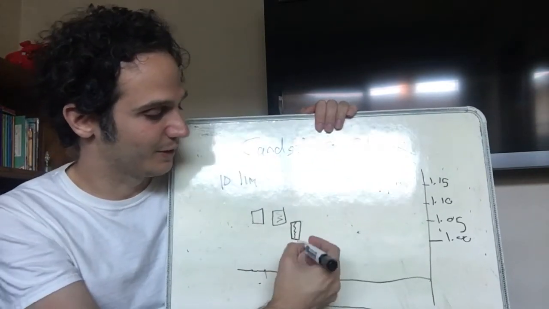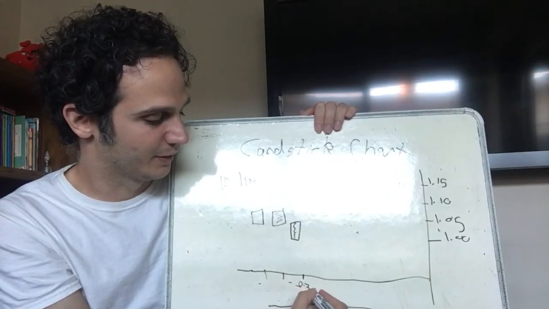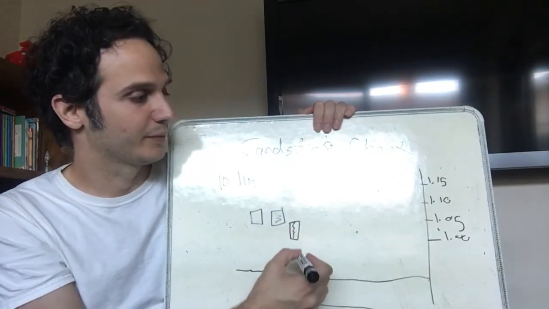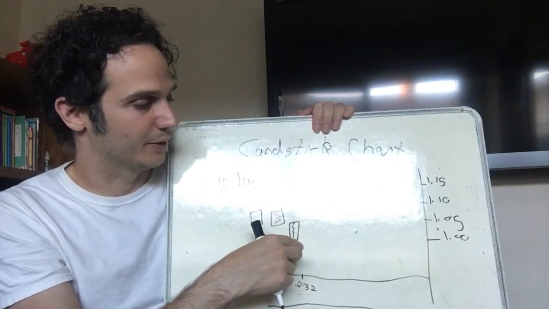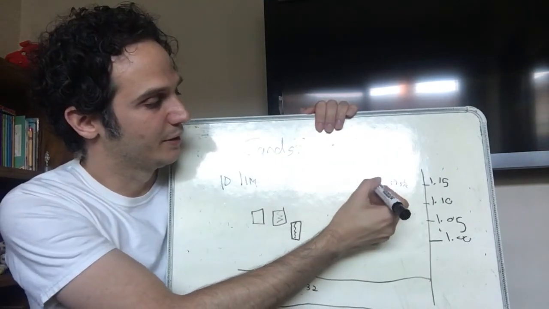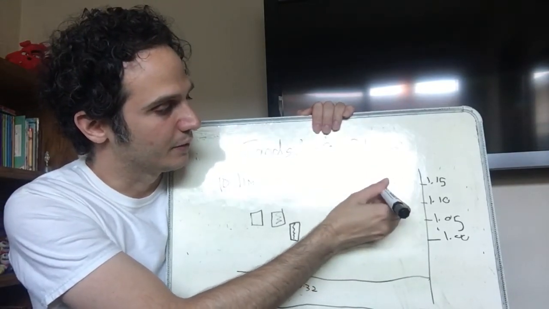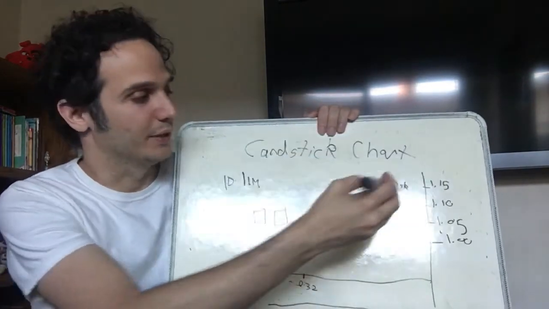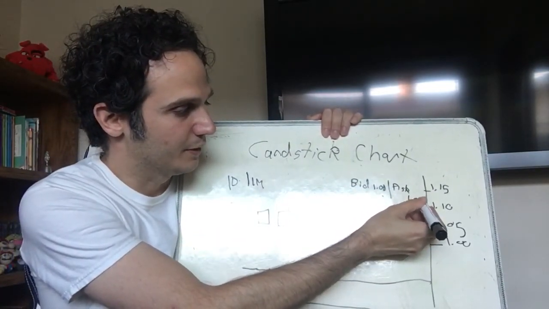So let's say at 9:32 it closed at $1, then maybe the bid would be $1, and then the ask price would be 1.01.